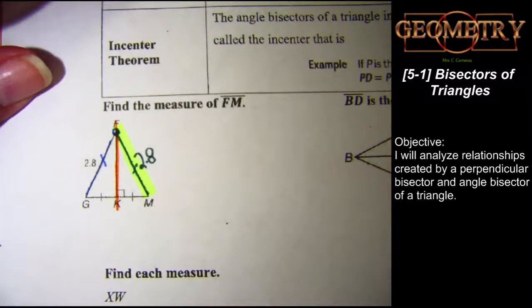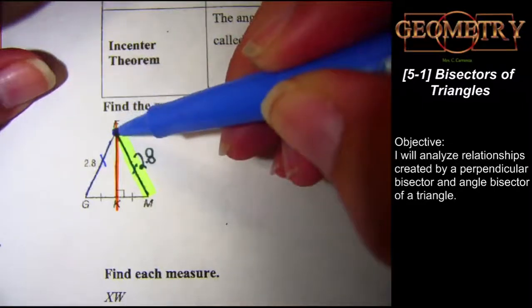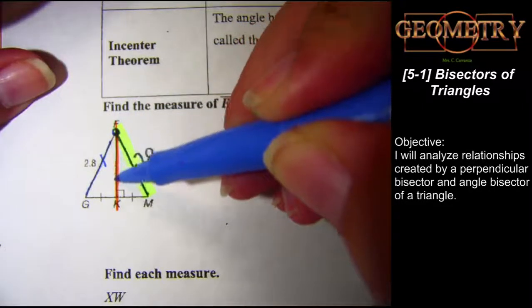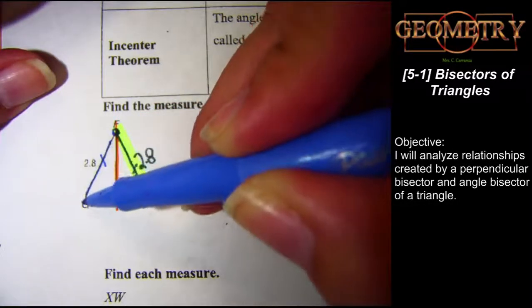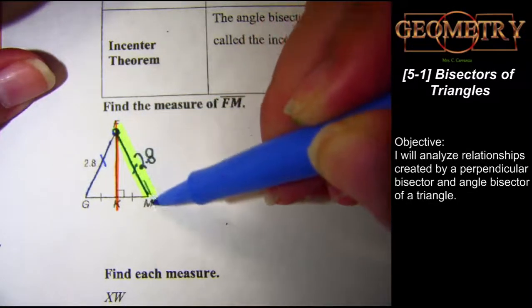The theorem states if a point is on the perpendicular bisector of a segment, then this point is equidistant from the endpoints of the segment.